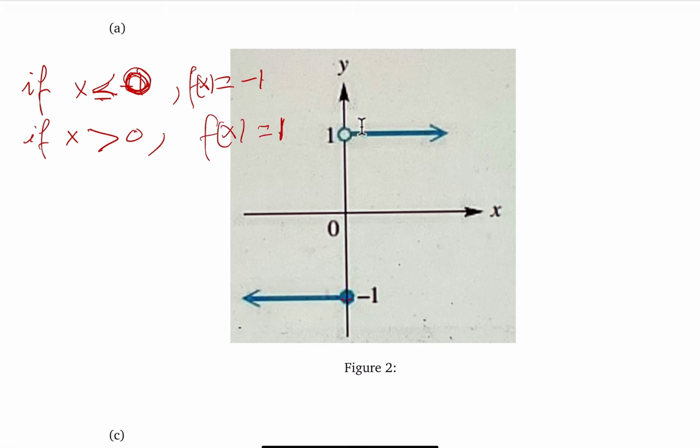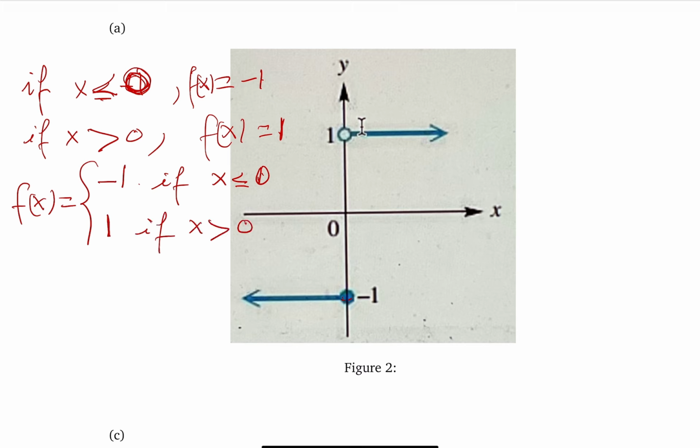Now, the piecewise function f(x) is equal to -1 if x is negative or equal to 0, and equal to 1 if x is strictly greater than 0.